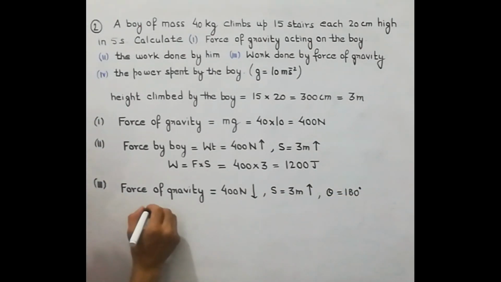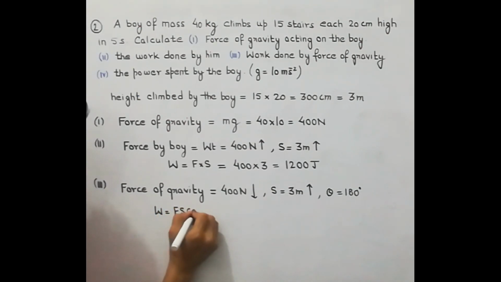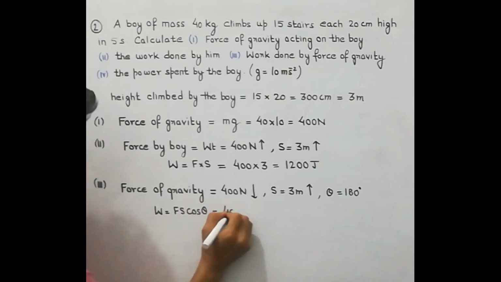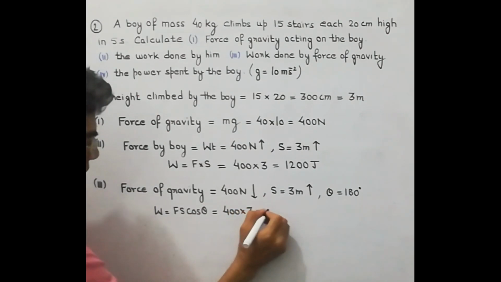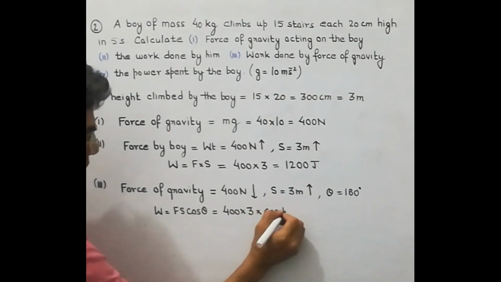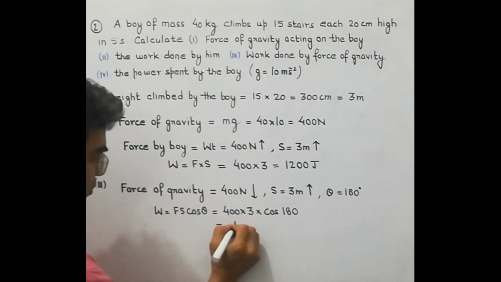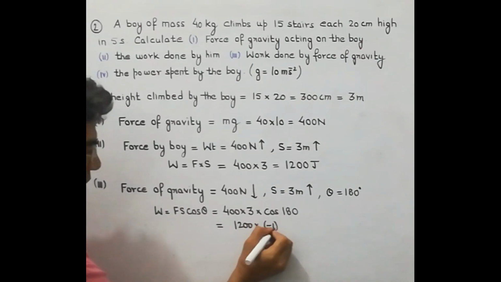So let's calculate work done. So it's 400 into 3 into cos 180. So that will make it 1200 into minus 1.